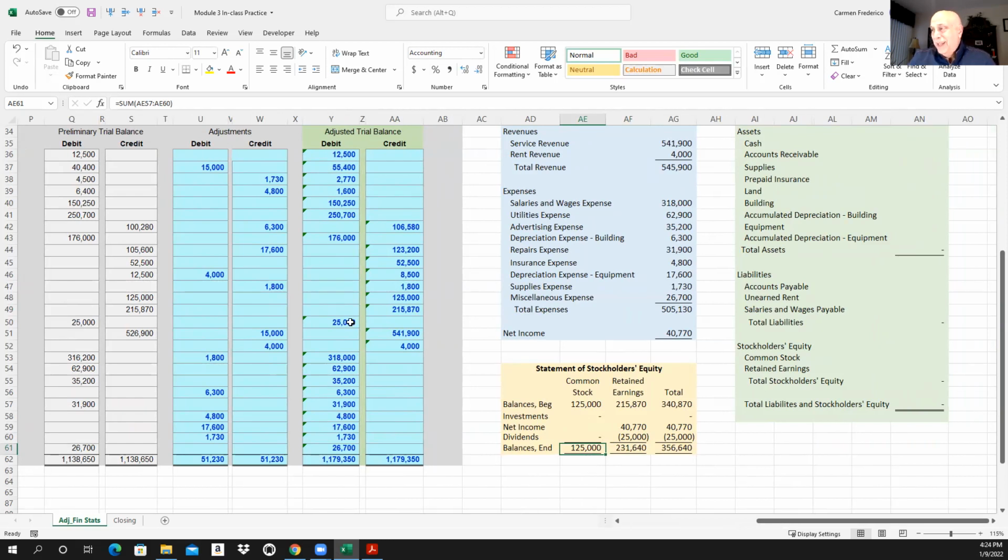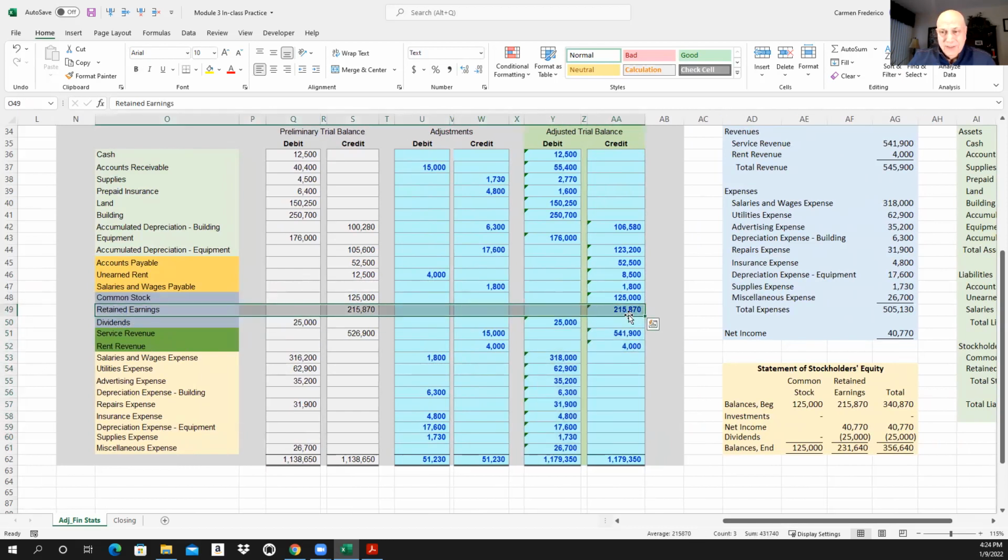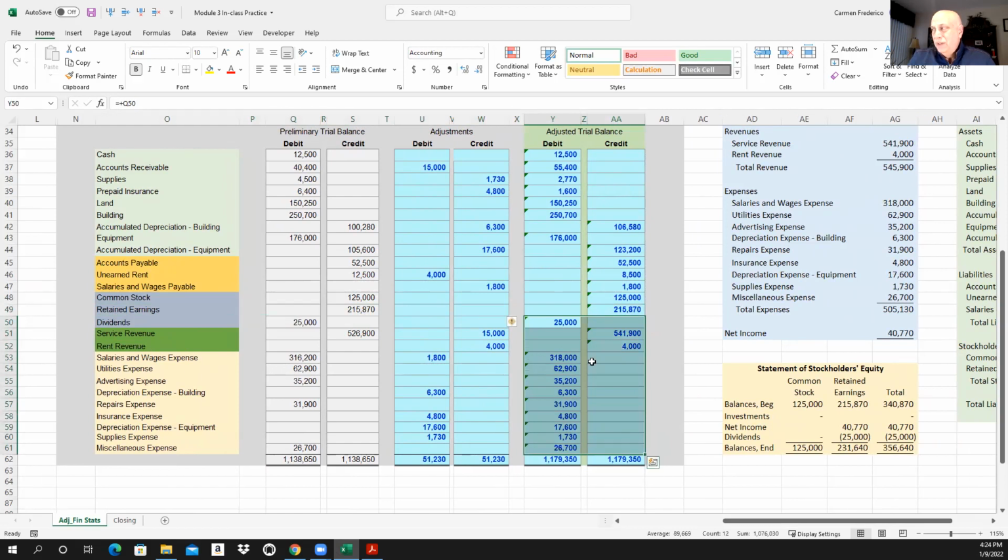Just as a point of note, everything below the retained earnings line on the trial balance of 215,870 impacts retained earnings. You notice the dividends and the revenue minus expenses.